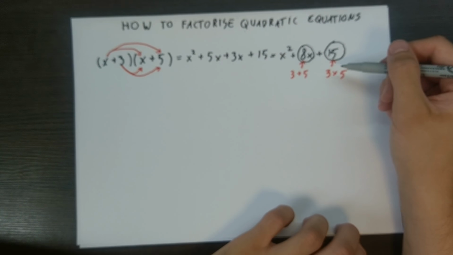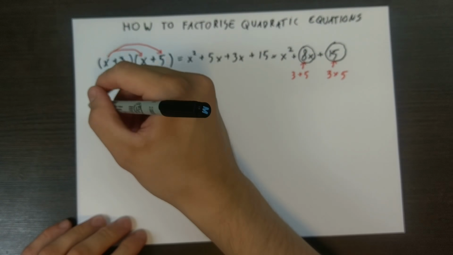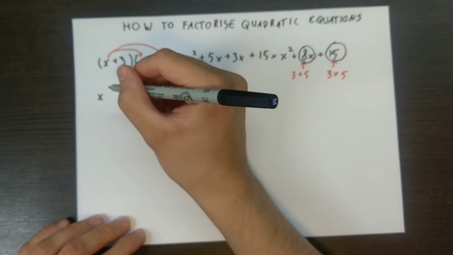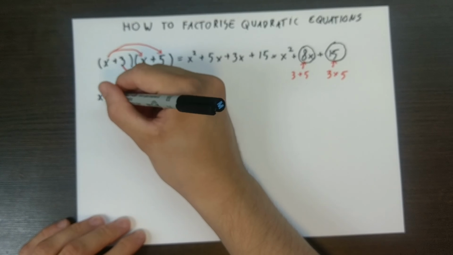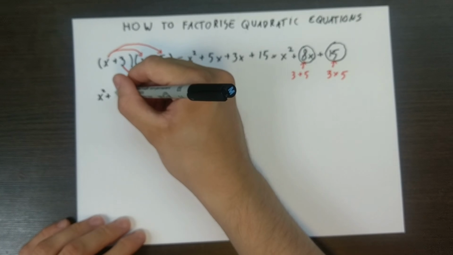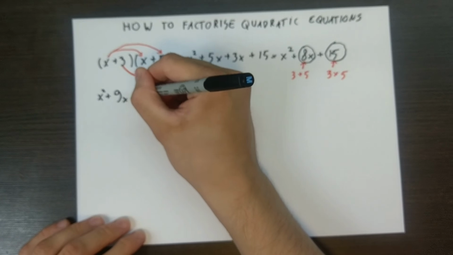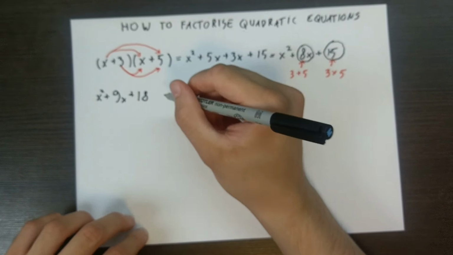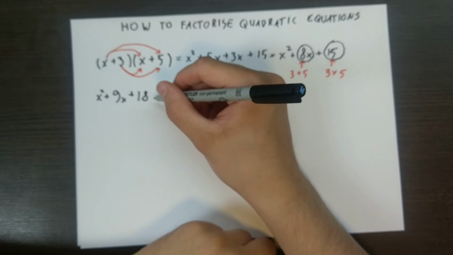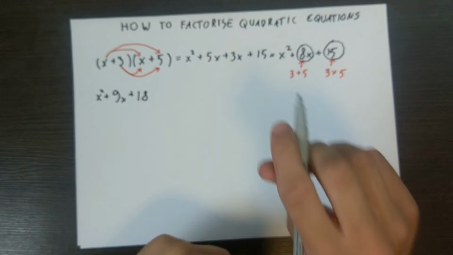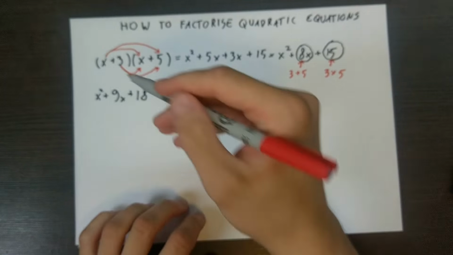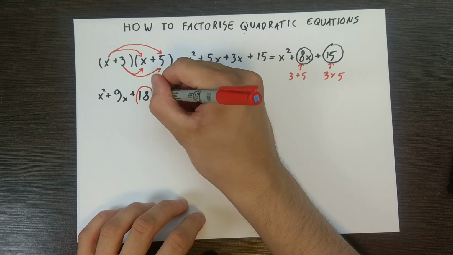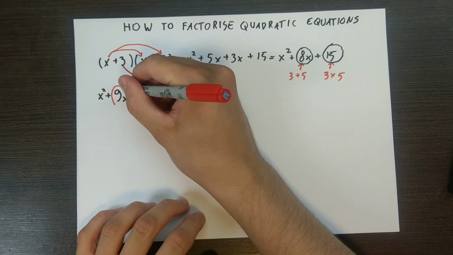So, let's take a very simple example. Let's try x squared plus 9x plus 18. Okay, so if we wanted to factorize it, same rule, we have 18 here and we have 9 here.